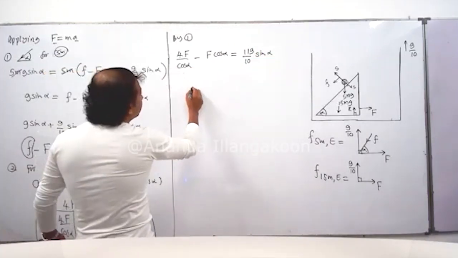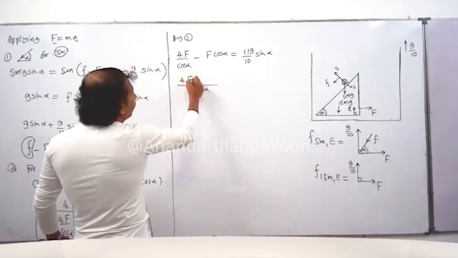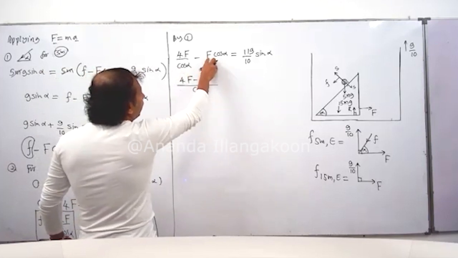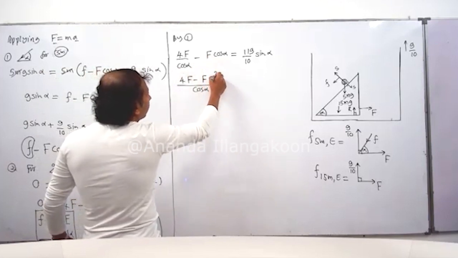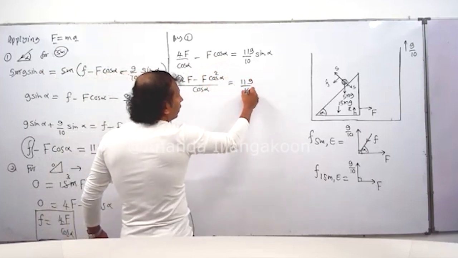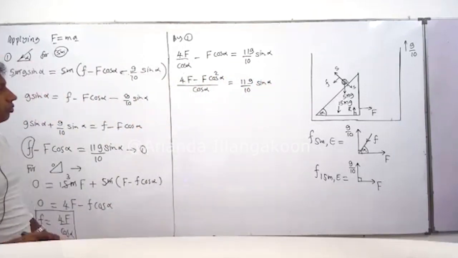Take a common denominator as cos alpha for F here, and this cos squared alpha, equals 11g by 10 sin alpha. Then capital F you can make the subject.